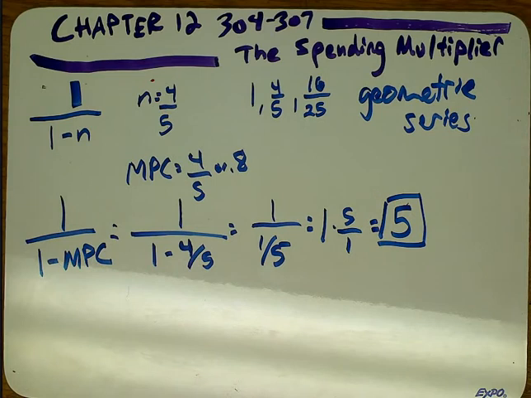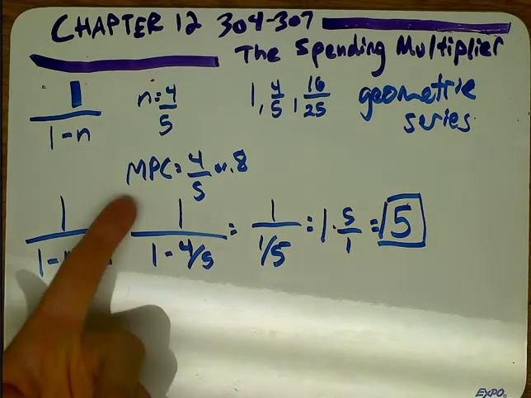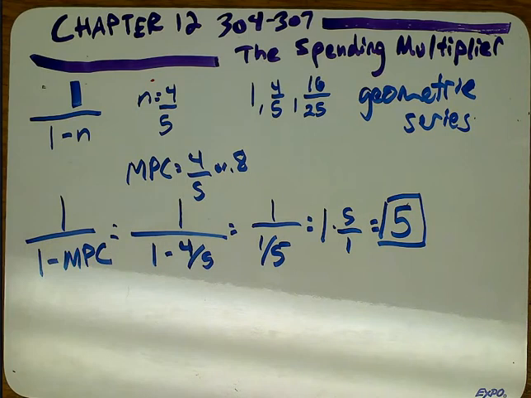I'm going to use it to multiply by something, but how does this work? How would I use this in a real economic situation? Well, let's figure this out. Let's say our marginal propensity to consume across the whole nation is 4/5.